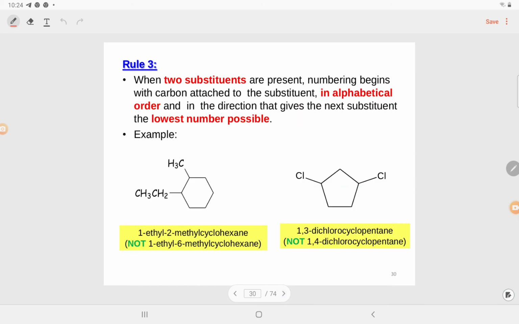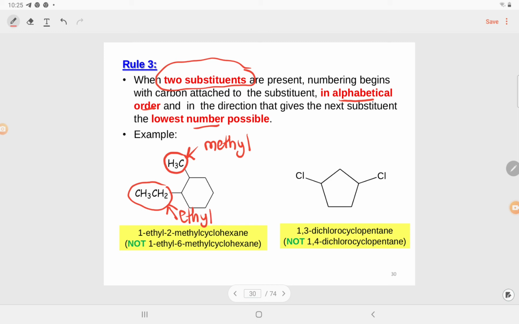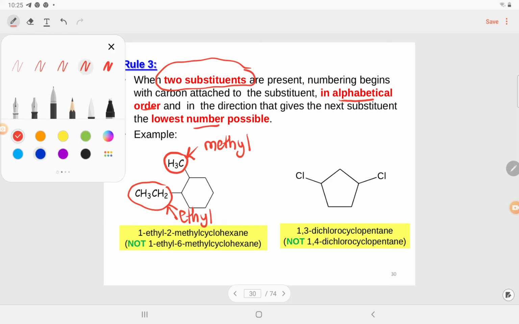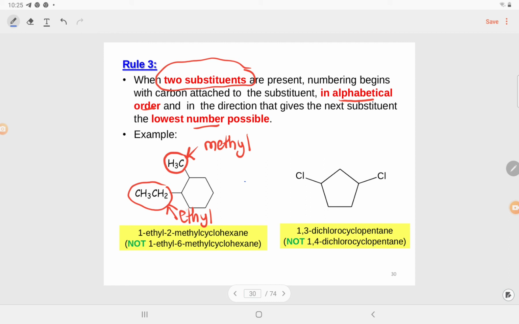Next, if we have two or more substituent groups, what happens? You must label your substituents according to alphabetical order and have the lowest possible numbers for the carbon atoms. The first substituent here is methyl, the second substituent is ethyl. So, who is your carbon number 1? You must follow the alphabet.